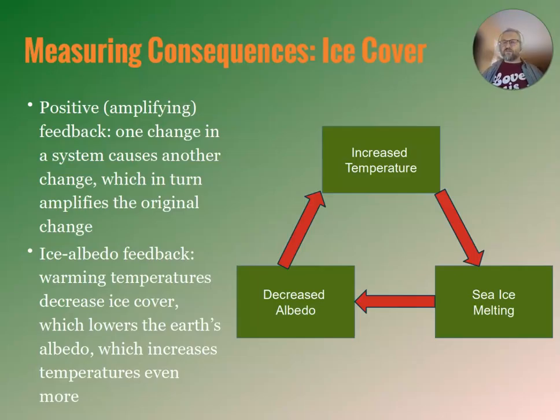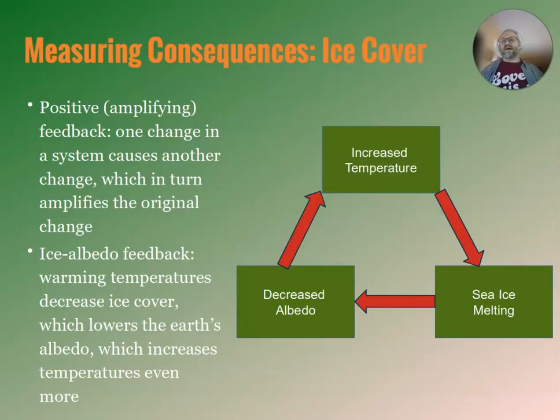So what we're seeing in the Arctic is an amplifying feedback known as the ice albedo feedback. If we have increased temperature, then that leads to melting of the sea ice, right? The less sea ice because it's warmer, it can't keep it all frozen. But when the sea ice melts, that decreases the albedo of the ocean, because you're taking what was a very high albedo, right?